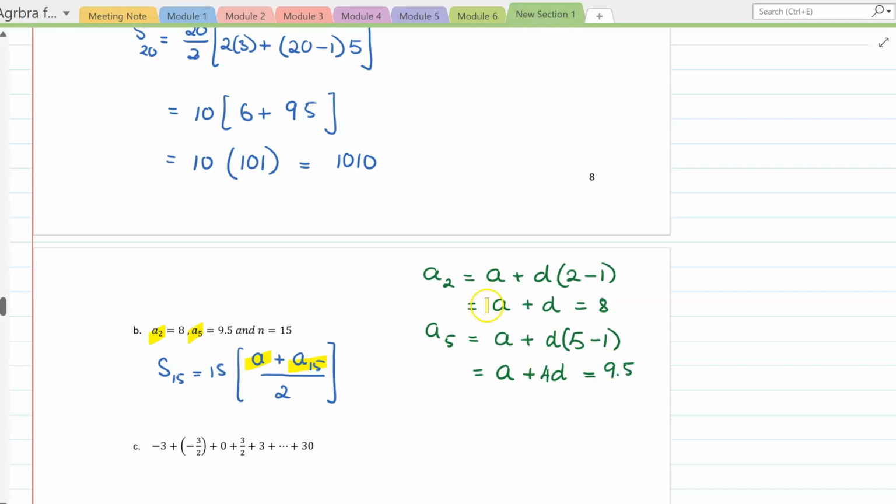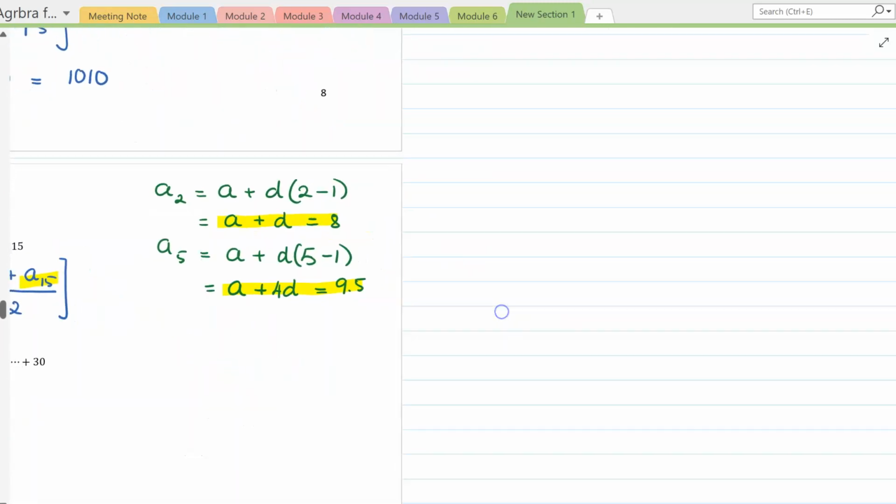Here we have two equations of two unknowns. I can figure out a and d with not much of an issue. So let's rewrite this together as a system of equations. A plus d equal 8. A plus 4d equal 9.5.